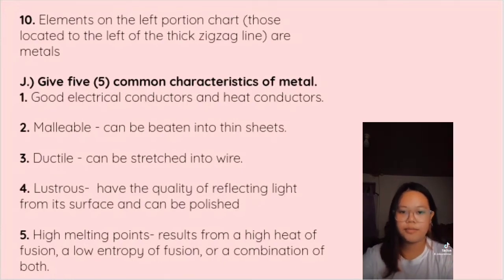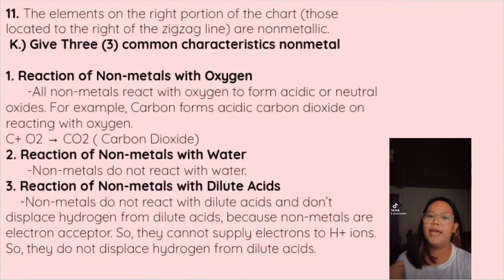Next, the elements on the right portion of the chart, those located to the right of the zigzag line, are non-metallic. Give 3 common characteristics of non-metals. First, reaction of non-metals with oxygen. All non-metals react with oxygen to form acidic or neutral oxides. For example, carbon forms acidic carbon dioxide on reacting with oxygen. 2.